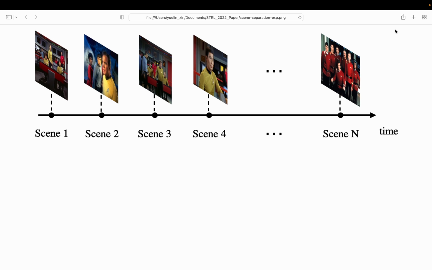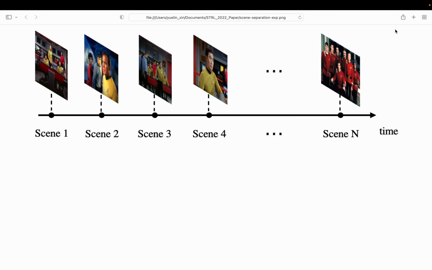Everything in scene 1, for example, involves very little movement, and the character stays relatively stationary in this specific scene. And it is also the same with scene 2 and scene 3. So this example gives you a general idea about how the scene separation works and what is the final effect of this step.